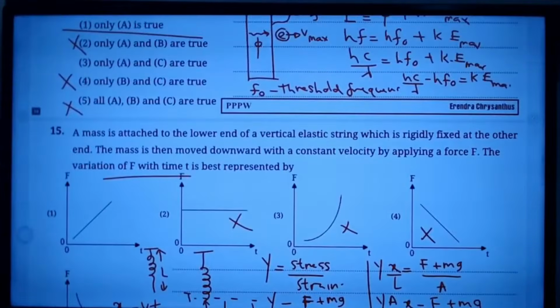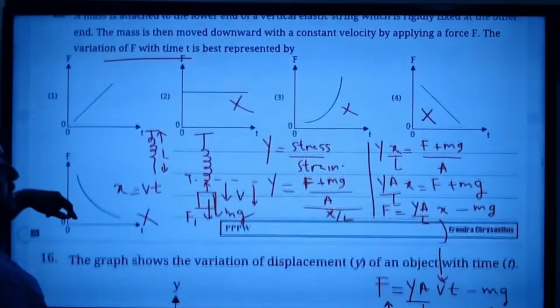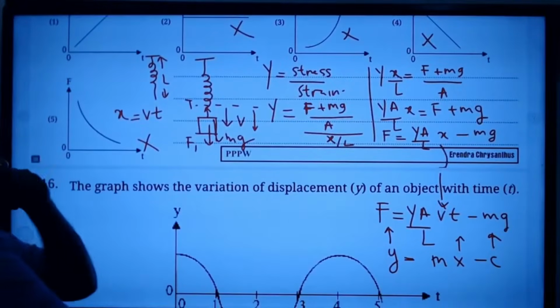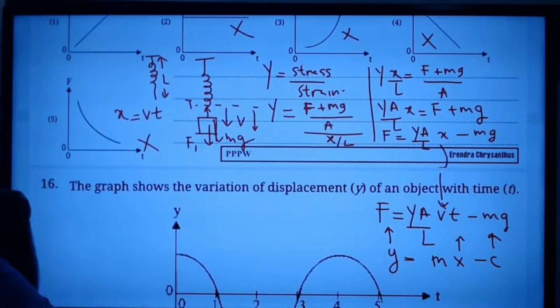Let's go back to the question. Mass attached to the lower end, so already an initial extension is there. Move down by applying a constant force. So looking at this, y equals mx minus c.